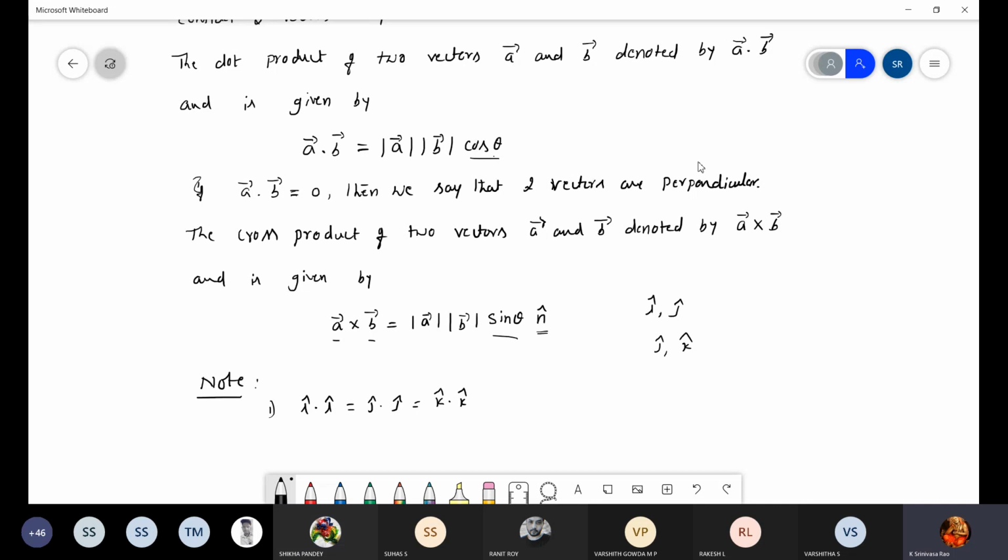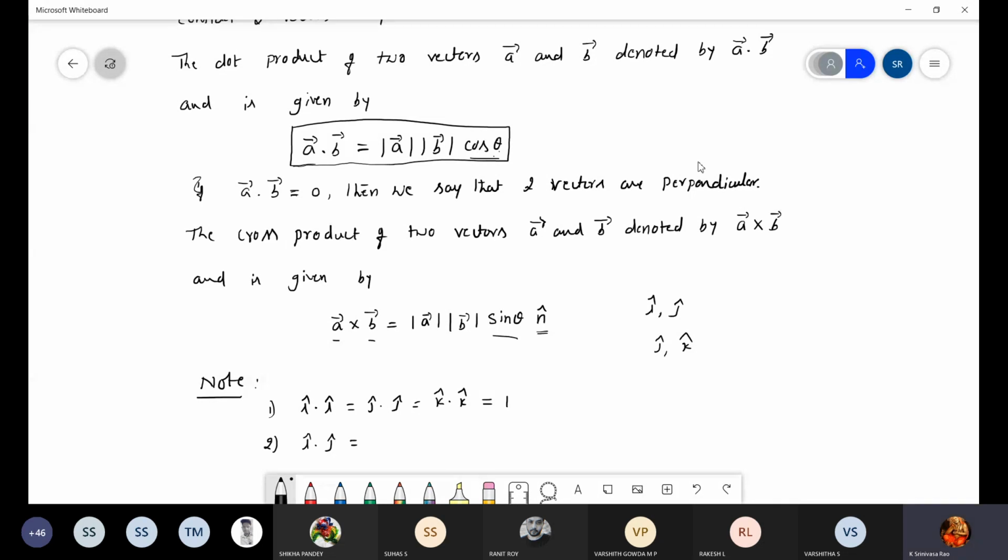See the dot product formula here, A dot B. If I put I dot I, the magnitude of I is 1, the magnitude of I is 1 only, and the angle between I and I is 0. But what is cos 0? 1. So the dot product of like vectors is 1. Similarly J dot J and K dot K. How it is 1 means we are using this basic formula. Similarly, what is the dot product of unlike vectors? Say I dot J.